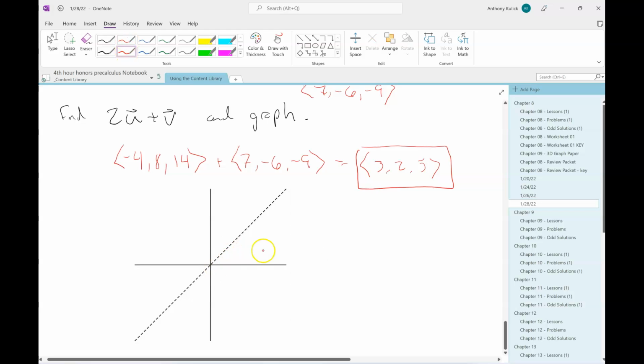So I'll start by drawing 3 tick marks on the positive end of the x-axis, 2 tick marks on the positive side of the y-axis, and 5 tick marks on the positive side of the z-axis. And let's just start drawing our box. Draw up, draw up.